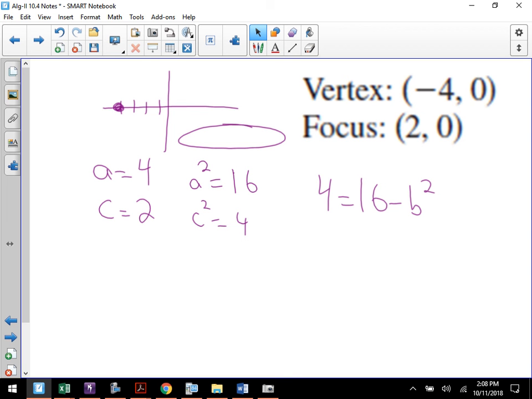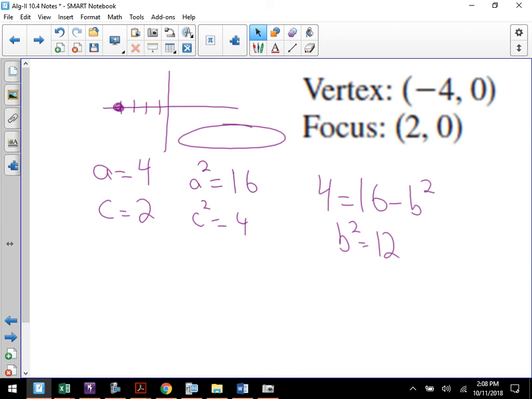B squared. B squared is 12. 16 minus 12 is 4. Now you have the info to fill in the blanks.